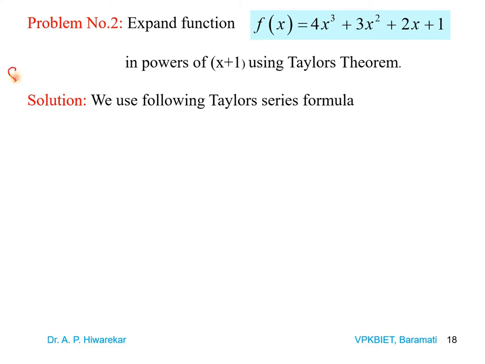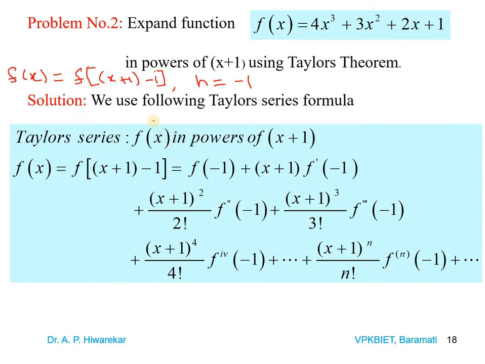We have to expand f(x) in powers of x plus 1. So I should write f(x) as f of x plus 1 minus 1. So take h equal to minus 1, meaning find derivatives at minus 1.